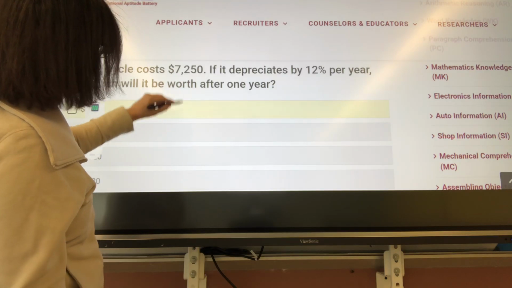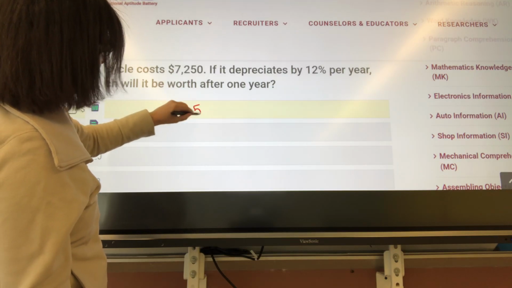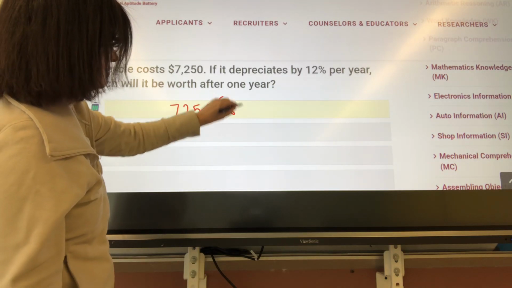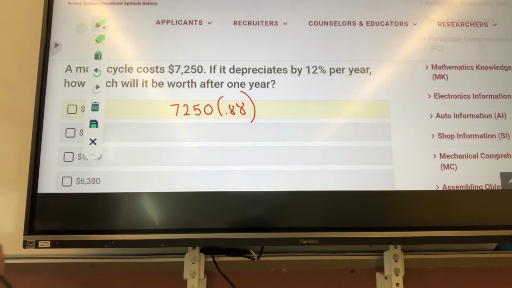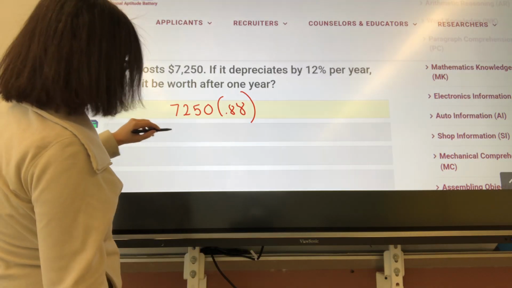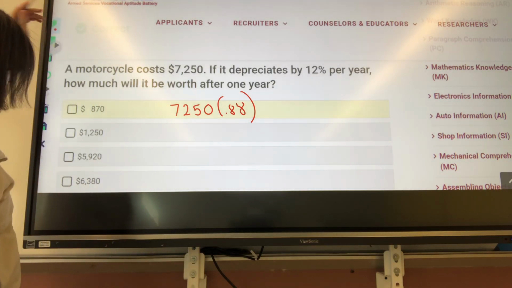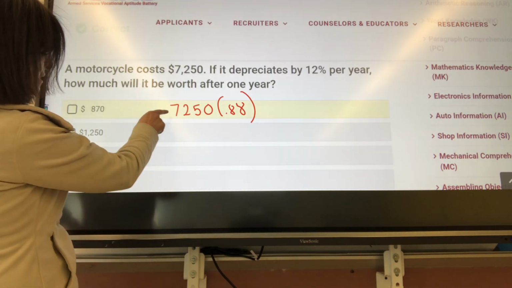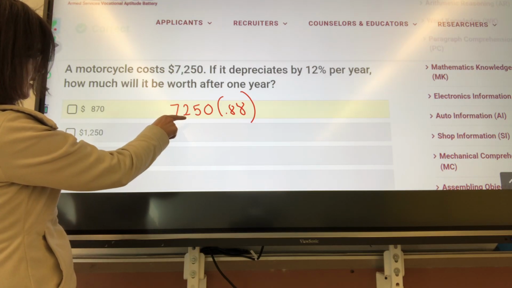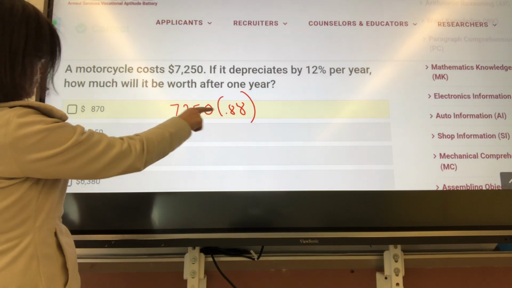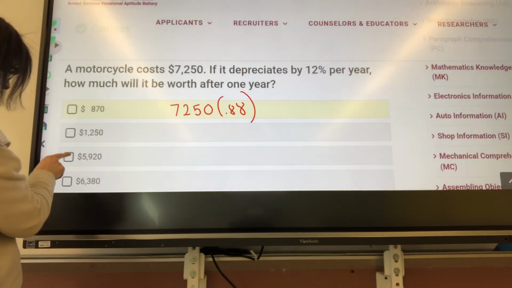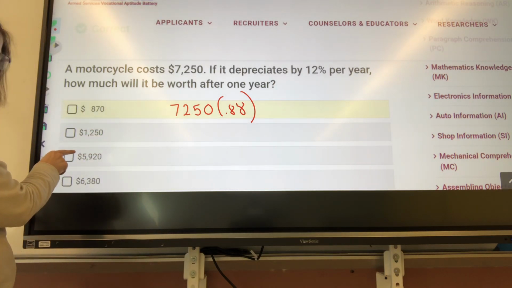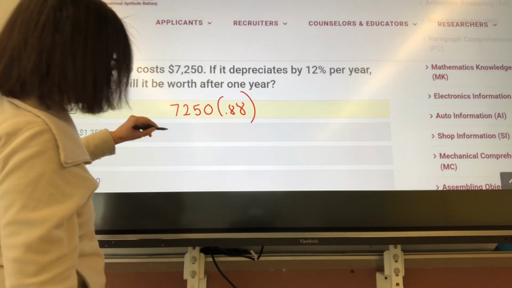So I need to find out what 88% is, or 0.88 as a decimal. So I can just go ahead and quickly calculate. If this is 7,000, if I do 7 times 8, I get 56. That's not enough to eliminate this option. So I'm going to go ahead and just do my math here.